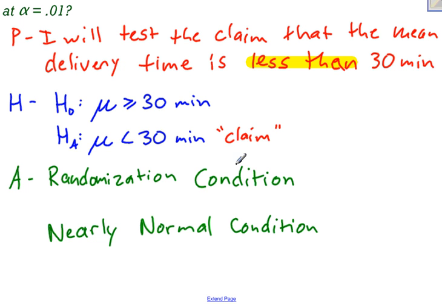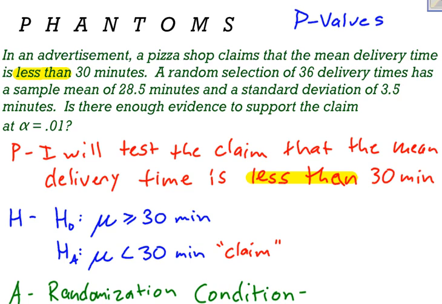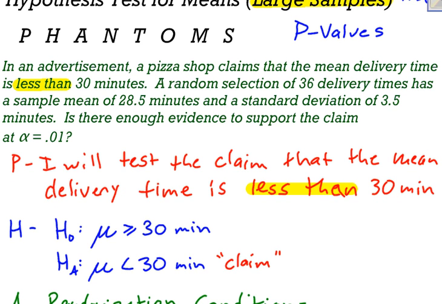Well, let's start off with the randomization condition. This basically is checking to make sure that my sample represents the population. So in the beginning, it tells me, right here, an advertisement, a pizza shop claims that the mean delivery time is less than 30 minutes. A random selection of 36 delivery times has been collected.